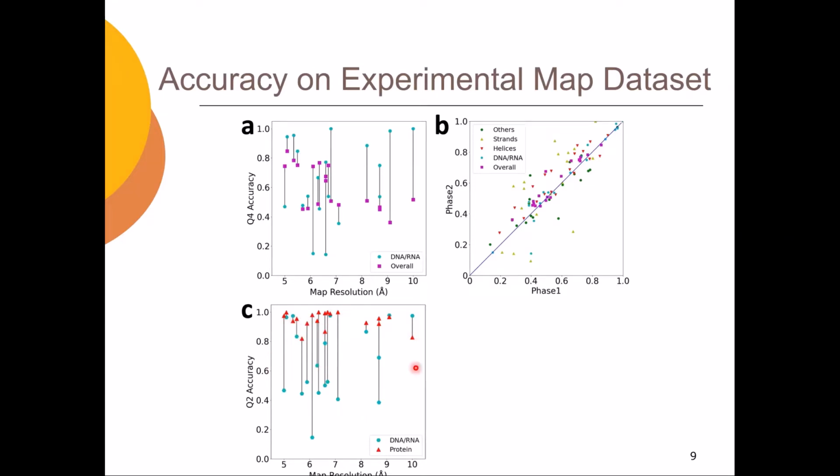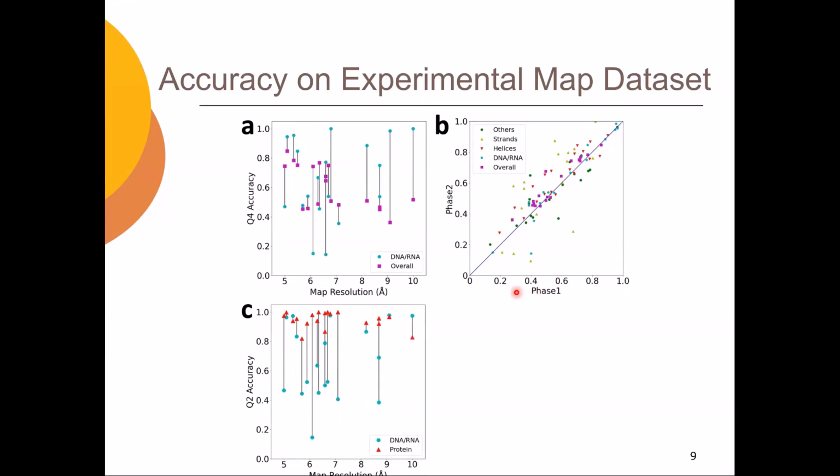Panel C is the same data as panel A, but now we consider it as 2-class classification, nucleic acid or proteins. With this neural network, proteins are also very well detected. The confusion which dropped the Q4 accuracy was the confusion between secondary structures within the proteins, but proteins and DNA are very well predicted.